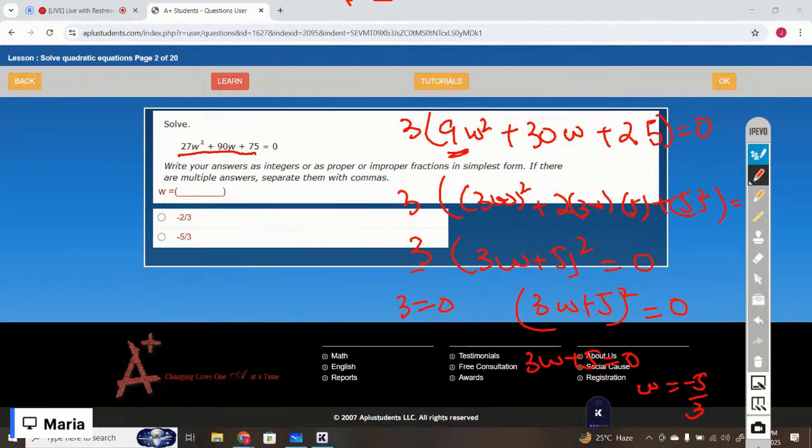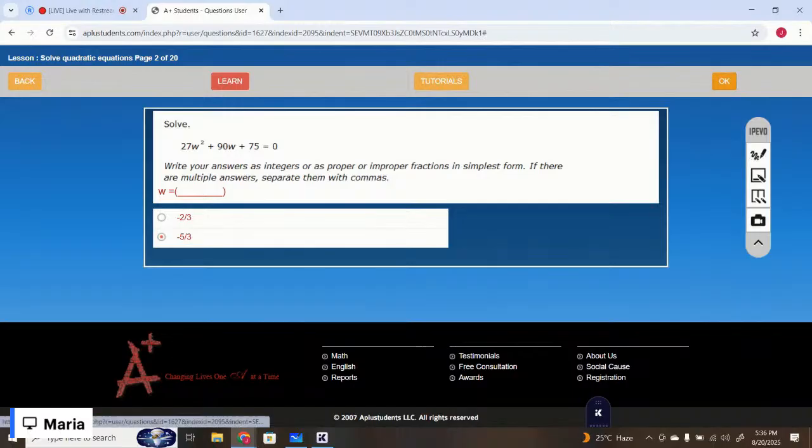Option number 2 is the correct option, that is negative 5 over 3.